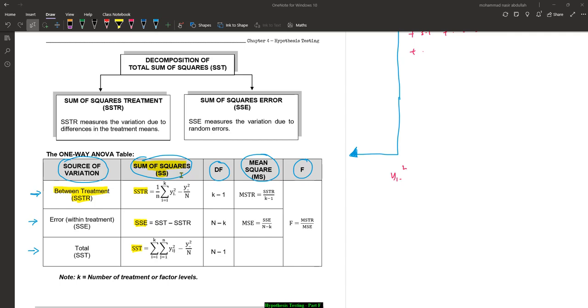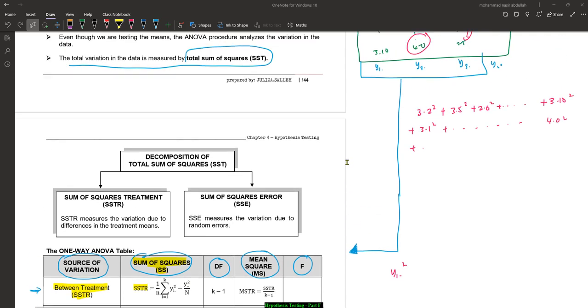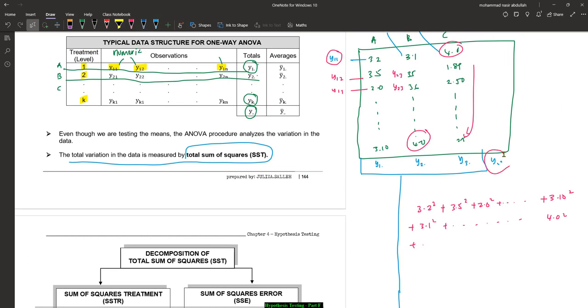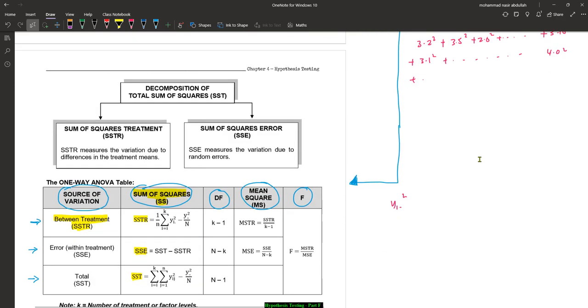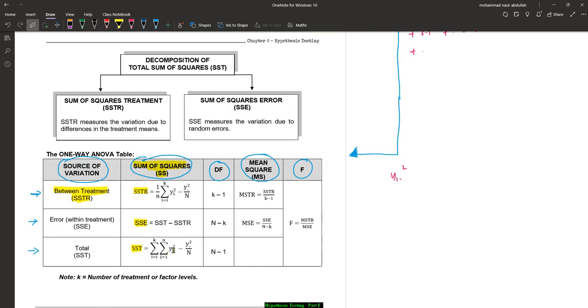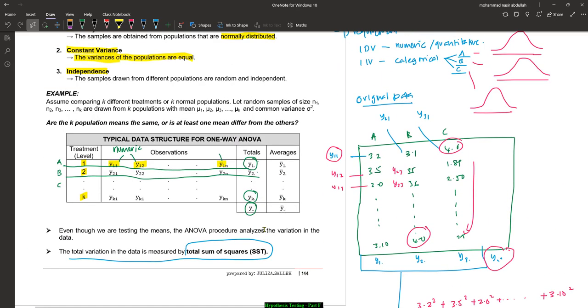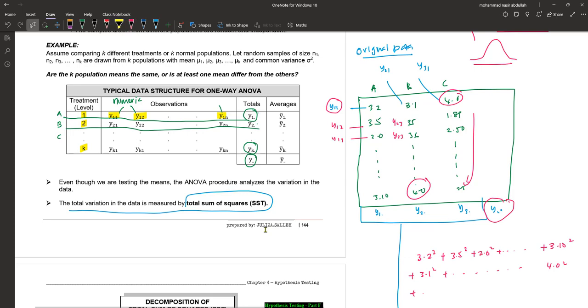So Y dot dot means the total here. We will take the total here and then we square. Same here, the sum of square total, right? Yij square. It means the total for this one, right?